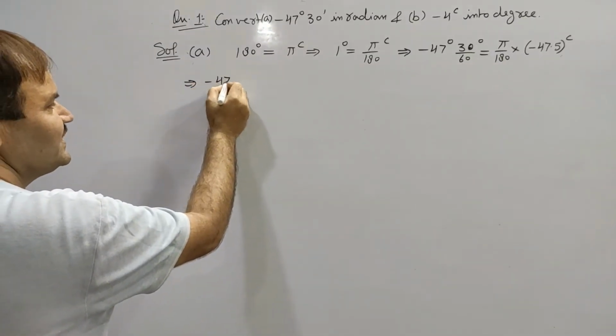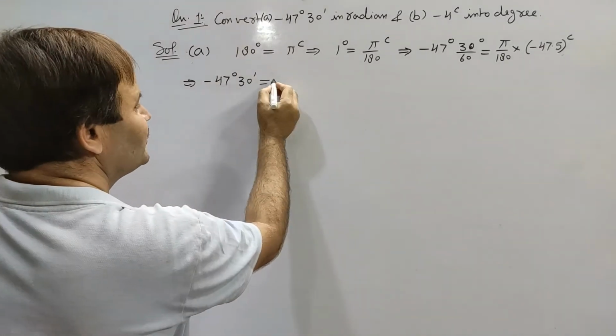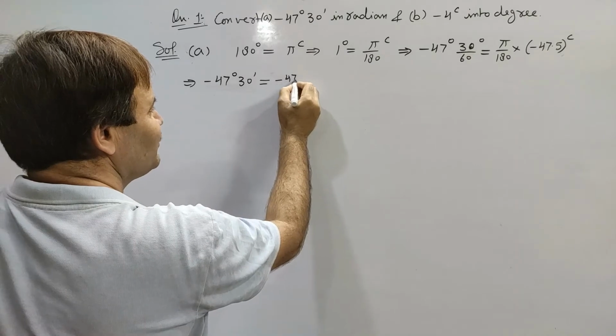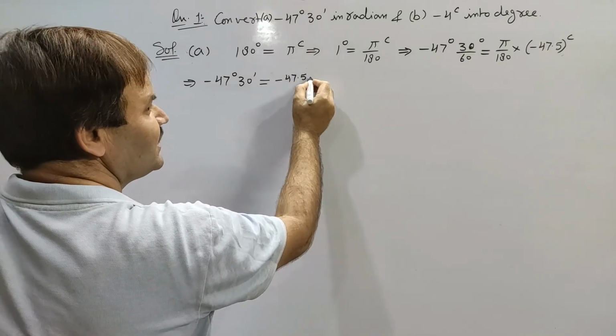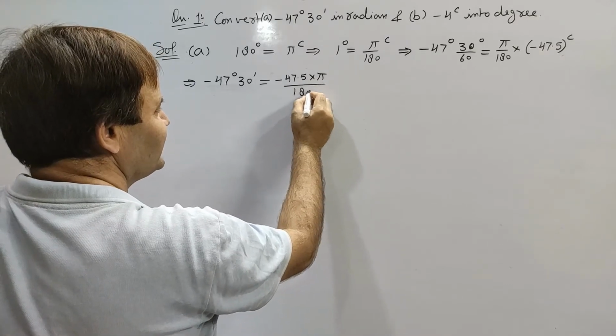minus 47 degree 30 minute is equal to minus 47.5 into pi divided by 180.